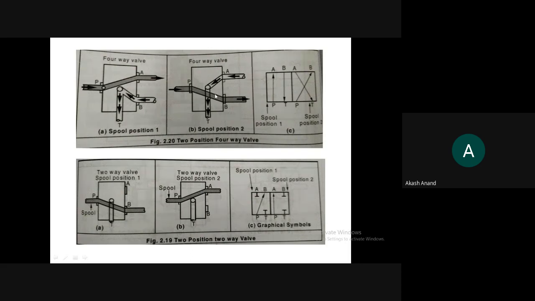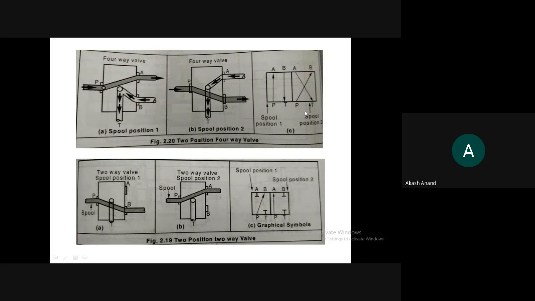And in an actuator, if the fluid enters through port B, automatically fluid from the opposite side of the actuator will leave. So it will be through port A, and it is connected to the tank port. Hence, from port A it will drain to the tank. From this diagram, you can see P connected to B is the third way, and A connected to T is the fourth way.